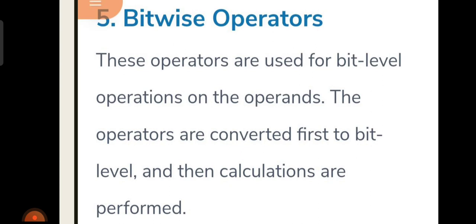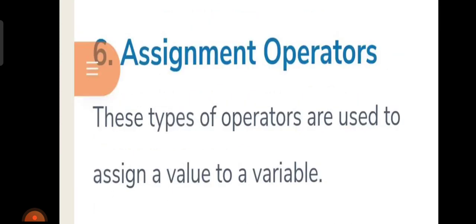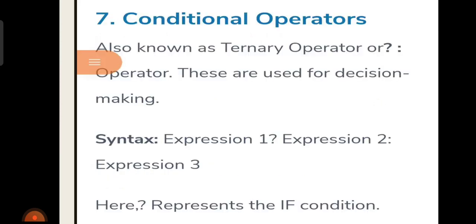Bitwise operators. These operators are used for bit level operations on the operands. The operands are converted first to bit level and then calculations are performed. Assignment operators. These types of operators, used to assign a value to a variable, are known as assignment operators.